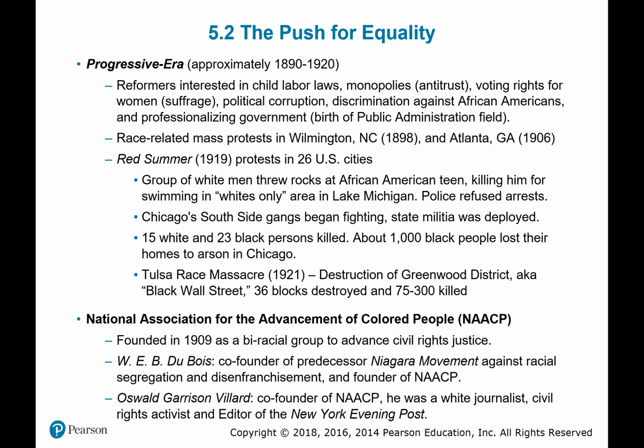And they were also for professionalizing government. And that was the birth of the public administration field at that time. And this was trying this move away from the Andrew Jackson era of having these basically tools of the elected officials running government whose only interest was loyalty, to actually having professionals who were trained and would have tests in order to be able to work in certain fields.